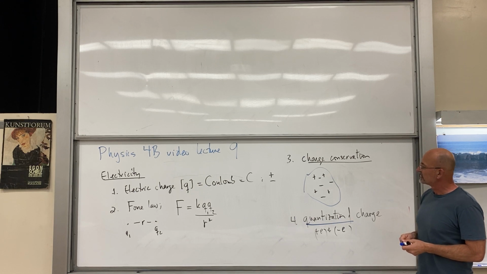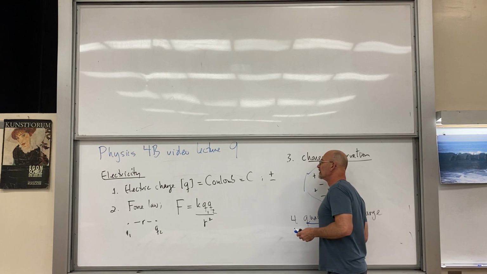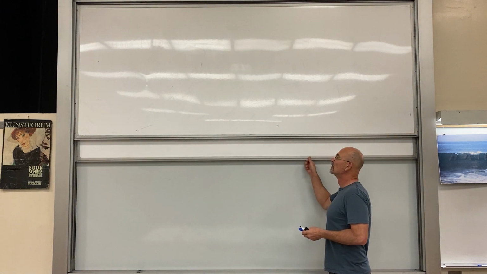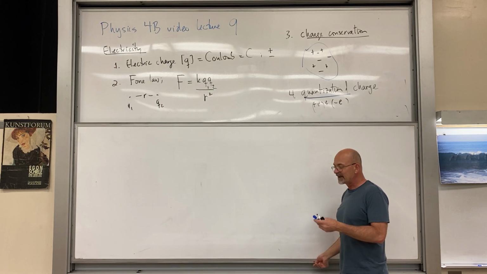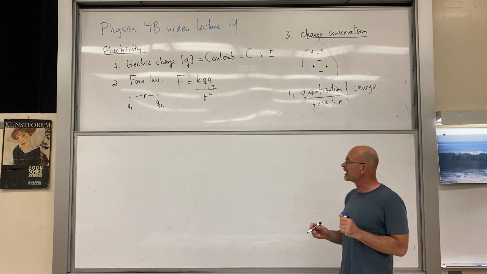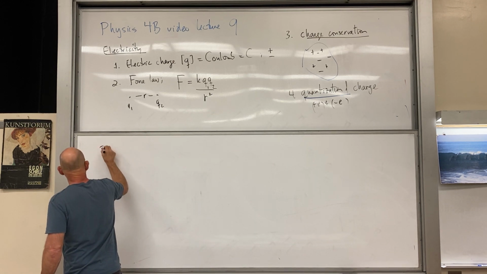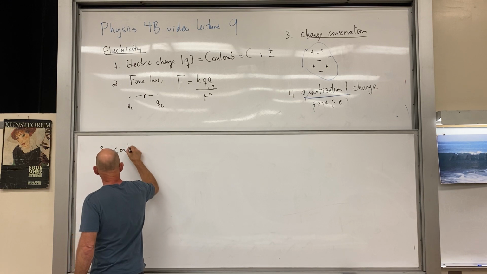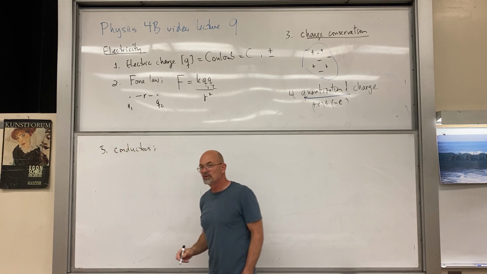And I also have to talk briefly about conductors and insulators. So metals tend to be good conductors, and what that means is charges can move freely. So continuing our numbers here, conductors, we mean electric conductors, they allow charge to move freely.